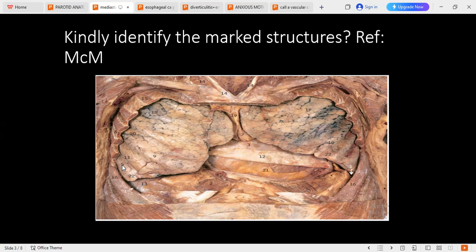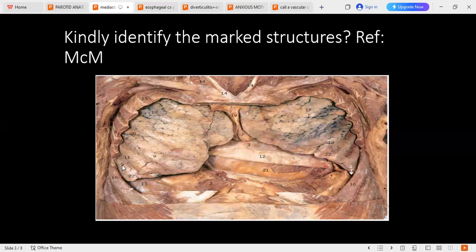The inferior border is at the sixth rib at the mid-clavicular line, the eighth rib at the mid-axillary line, and the tenth rib at the back. Then the posterior border is at the transverse processes of the 7th, 8th, 9th, and 10th vertebrae.